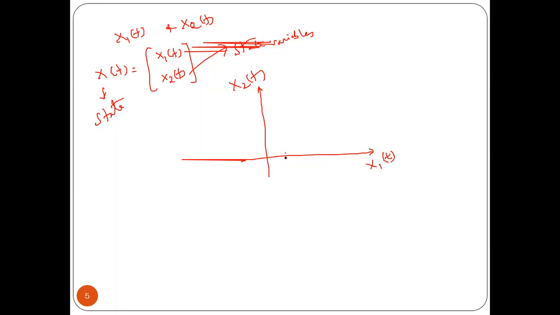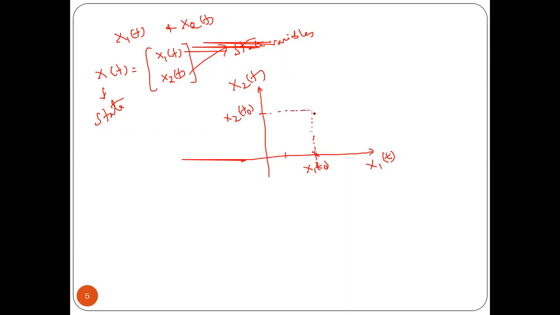That means at a particular time t naught, what is the value of x1 of t? Suppose this is x1 of t naught. At time t equal to t naught, the x1 value is x1 of t naught, and at the same time we will have some x2 value also, say x2 of t naught.